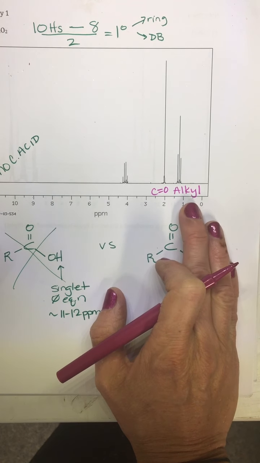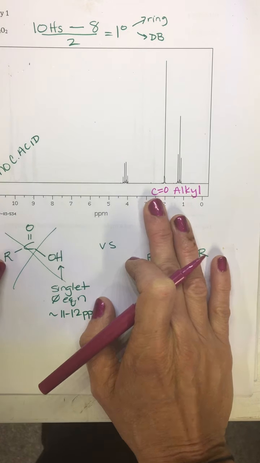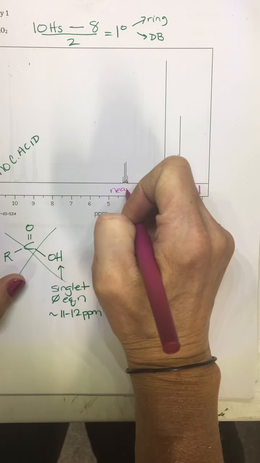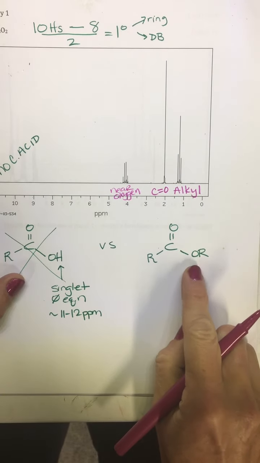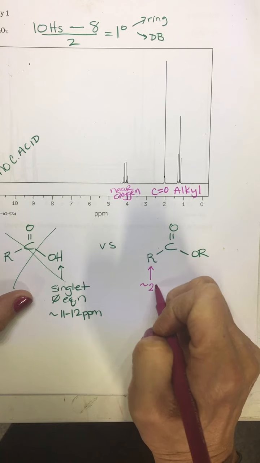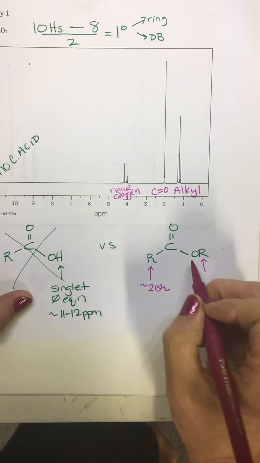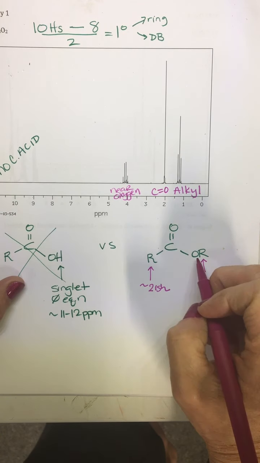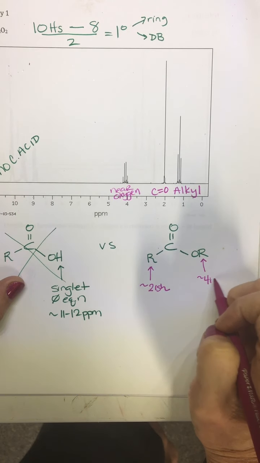Okay, so hydrogens near alkyl groups, hydrogens adjacent to a carbonyl. And then again, in terms of our ester, this would be near the lone oxygen over here. So again, this area should be right around 2. And this area that's directly attached to that oxygen, the closest to the oxygen, would be around what we're seeing there, around the 4-ish.